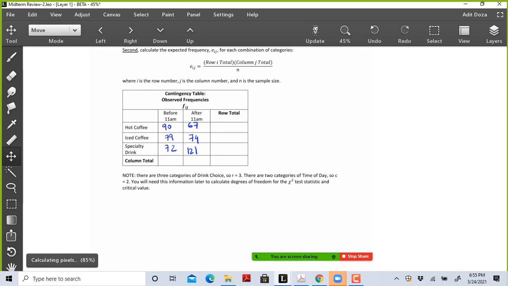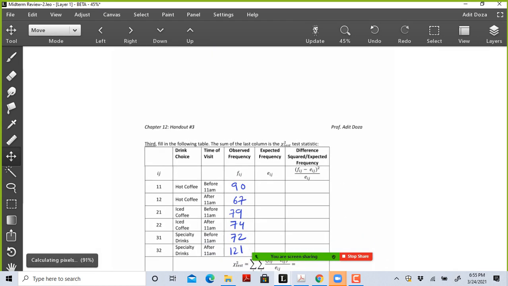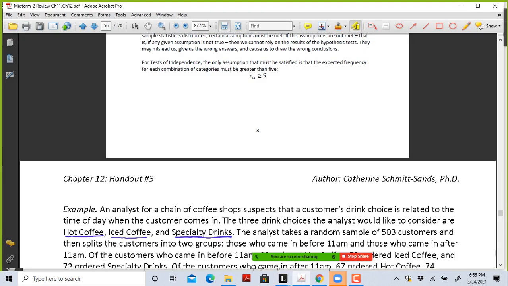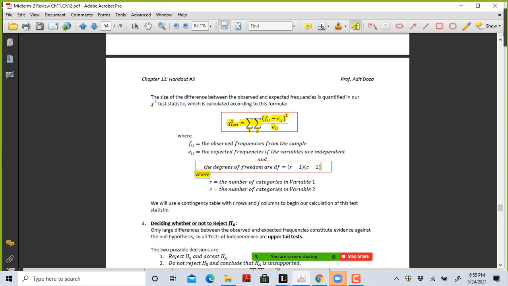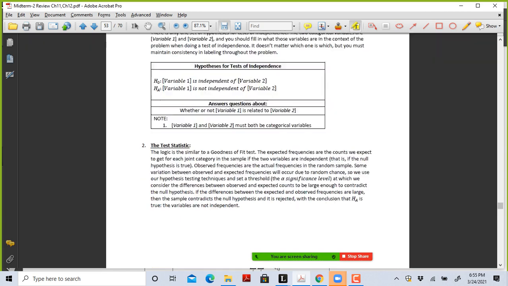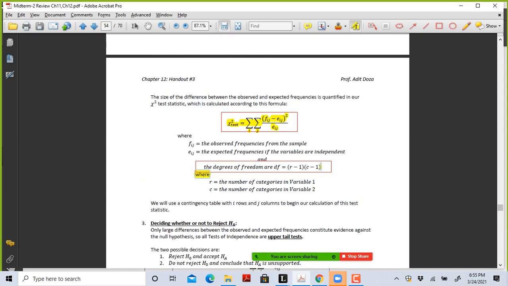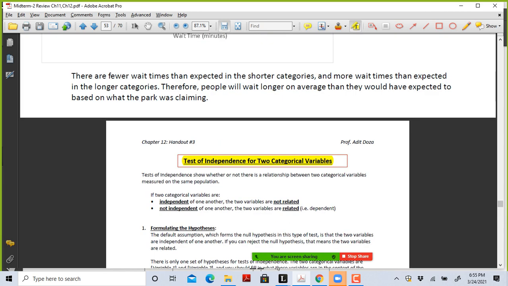These are the observed frequencies, but to calculate the expected frequency, let's look at our expected frequency formula. We have to use the row total, column total formula.